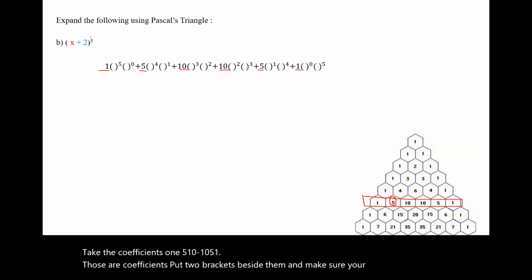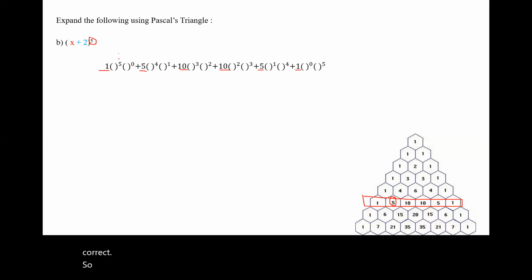So the starting exponent would be 5, and then 4, 3, 2, 1, 0. The second bracket, 5 on the right, 4, 3, 2, 1, 0.